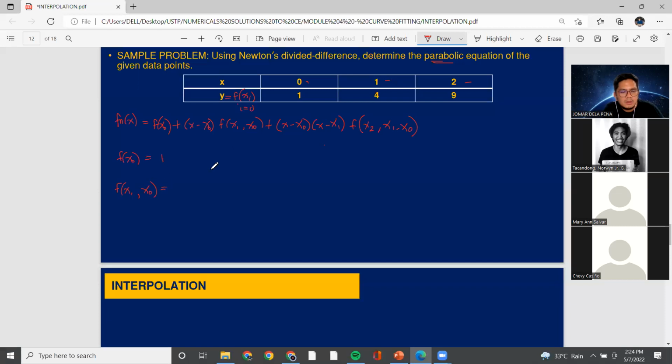and x sub o, that is equal to function of x sub 1 minus function of x sub o over x sub 1 minus x sub o. So that is equal to pila man si function of x sub 1? 4. This is function of x sub o si 1.